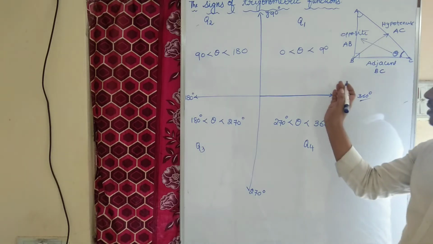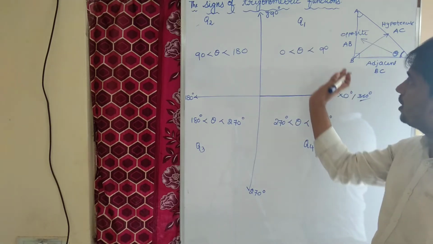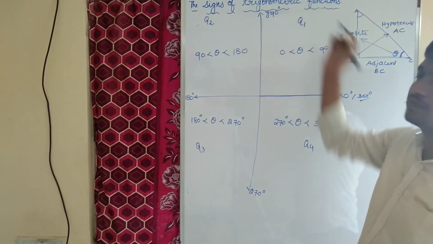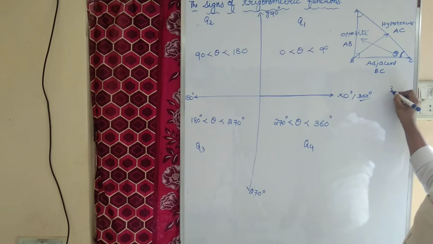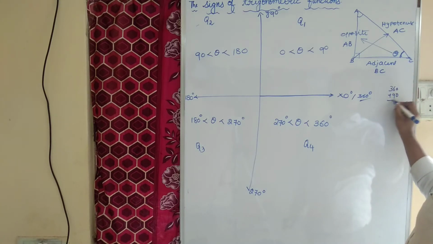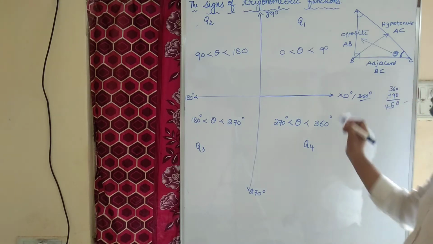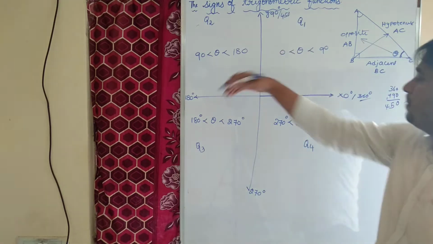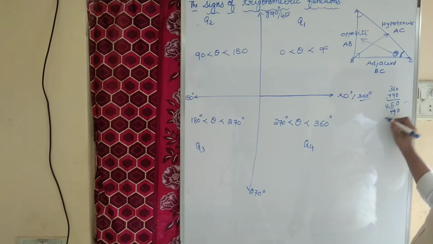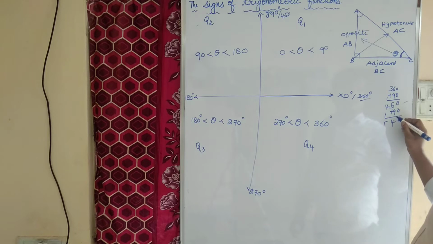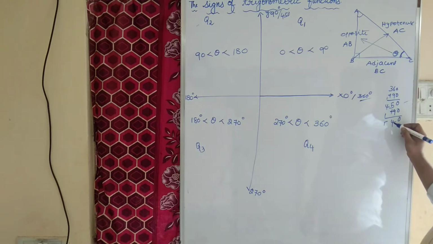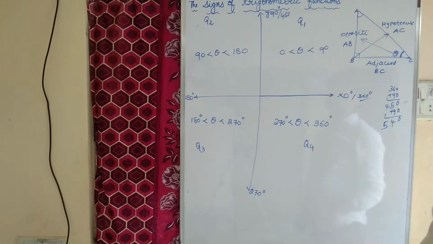Again children, this is one complete rotation. If you want, again we have to rotate. So 360 plus 90, which is 450. Again 450 plus 90, which is equal to 540.